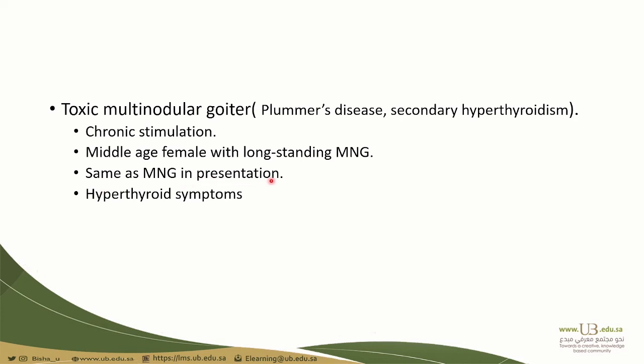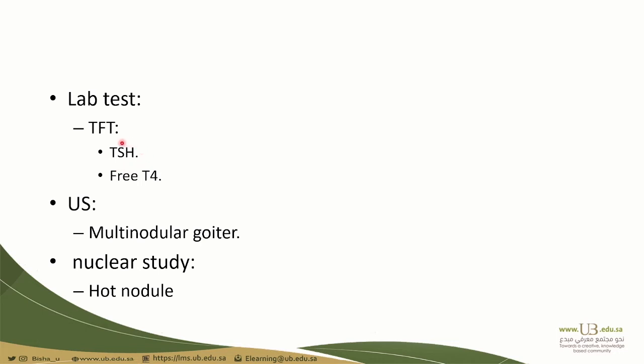The presentation is the same as multinodular goiter plus hyperthyroid symptoms. You will find that the TSH here is low and free T4 may be high. The ultrasound will show you the multinodular goiter.